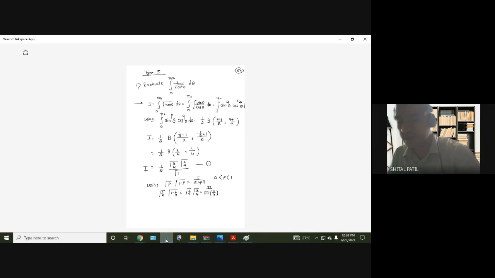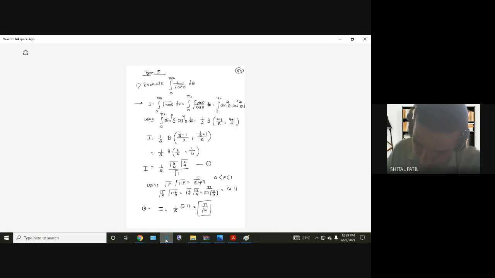What is sine pi by 4? It is 1 upon root 2. This is the answer: pi divided by root 2.